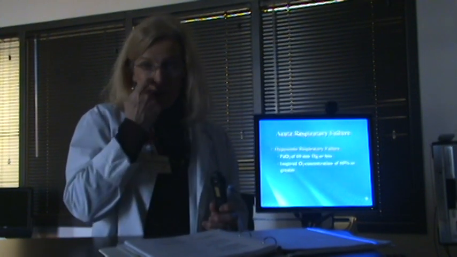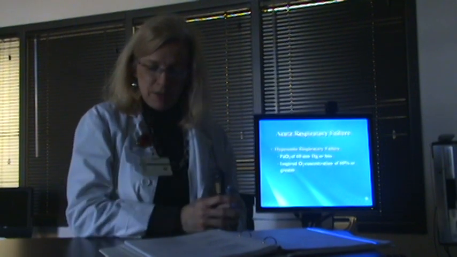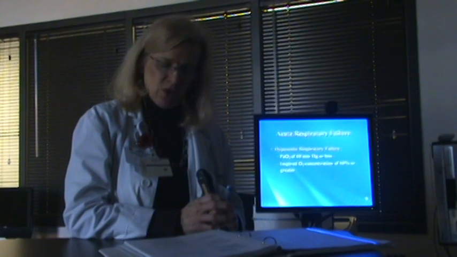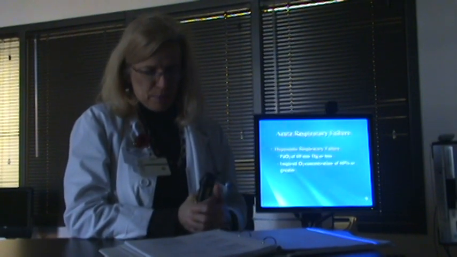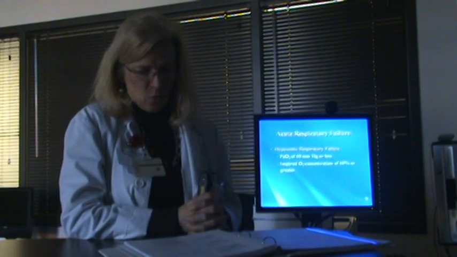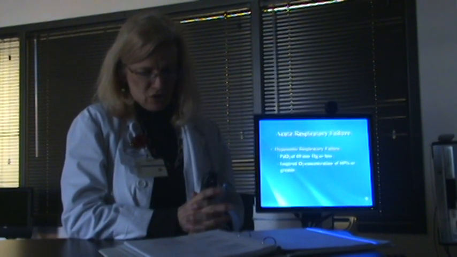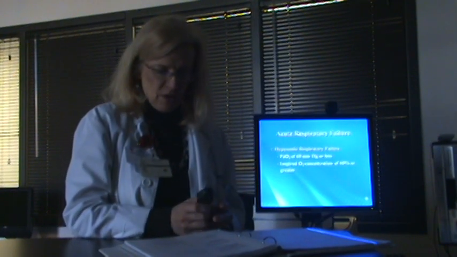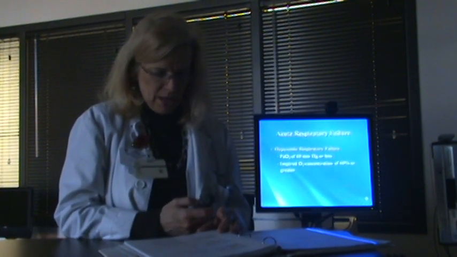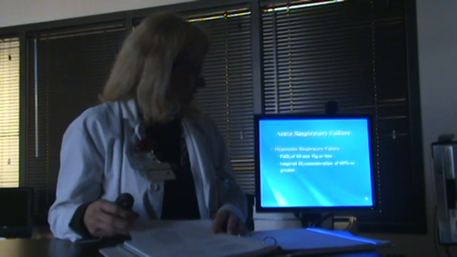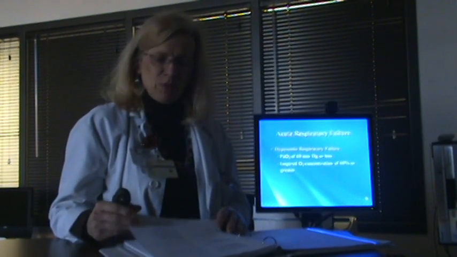And the second is in spite of administering oxygen at about 3 times room air. So basically we say a PaO2 of 60 millimeters of mercury or less when the inspired oxygen concentration is 60% or greater. Remember, room air oxygen is 21%. So when we can't get a PaO2 over 60, even though we're giving 60% oxygen, that is a hypoxemic respiratory failure.